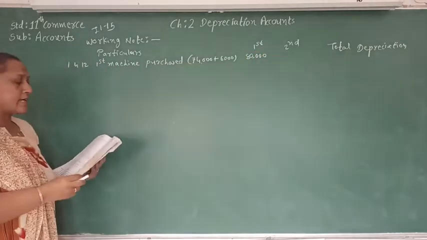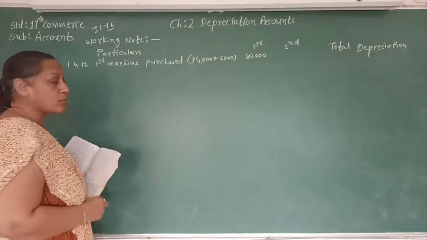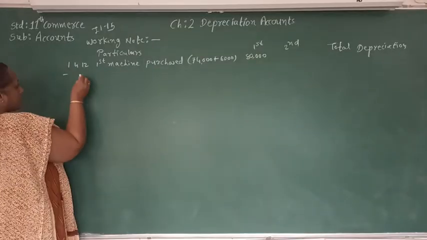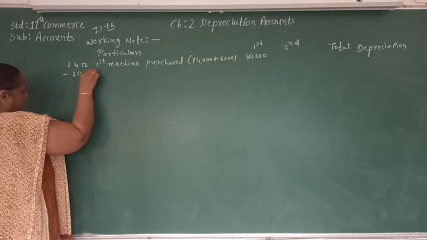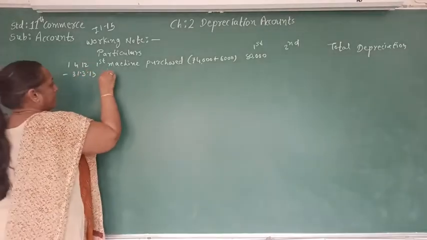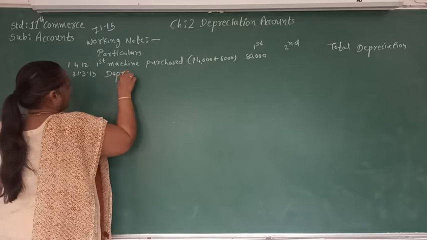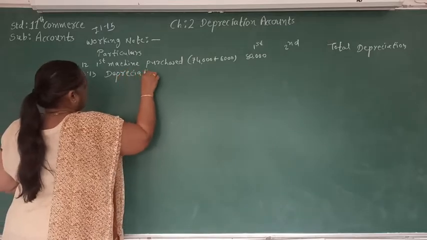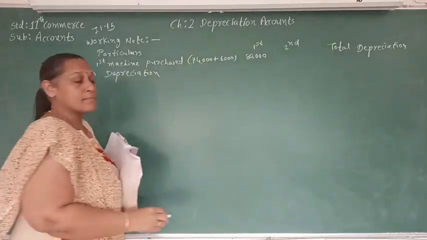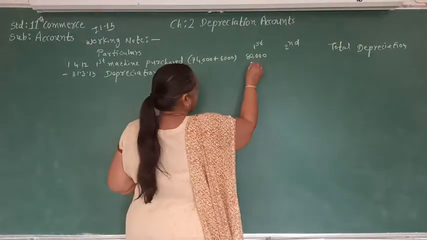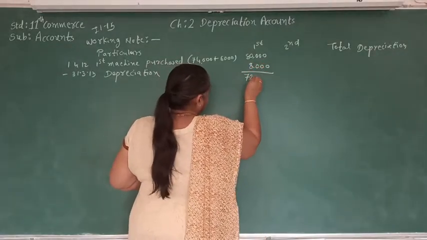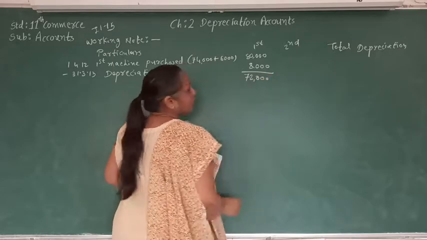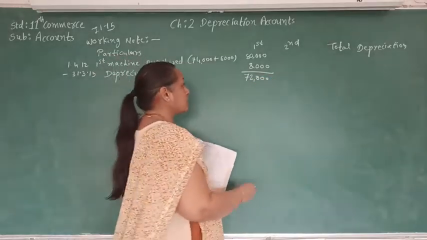Now at the end of the first year we are going to provide the depreciation. The first year will be ending on 31st 3/13, and depreciation will be under the reducing balance method. 10% of 80,000 will be 8,000. So the book value after the first year will be 72,000.